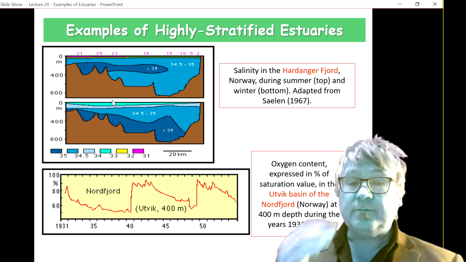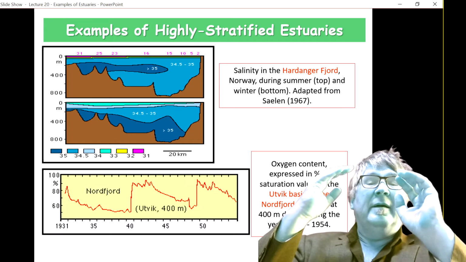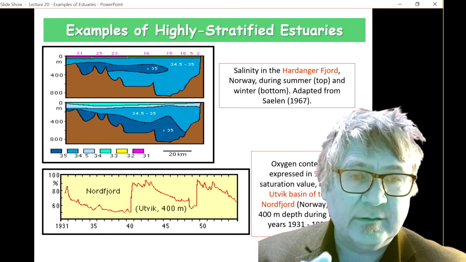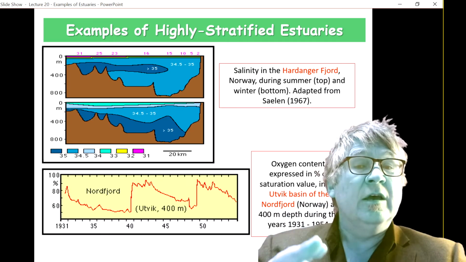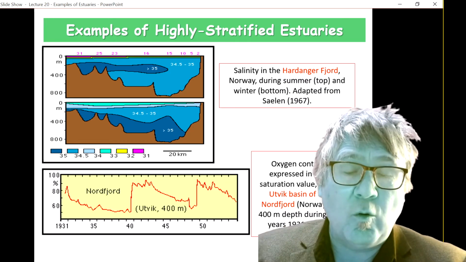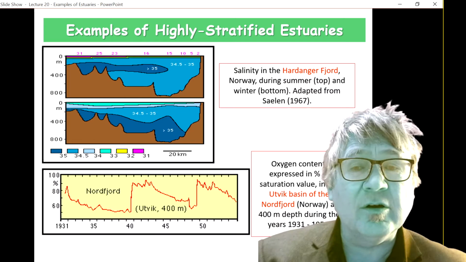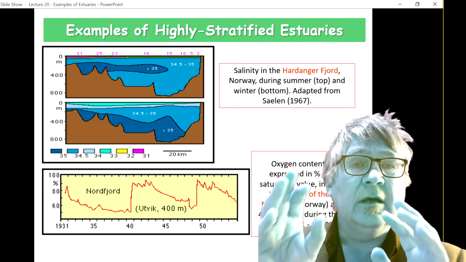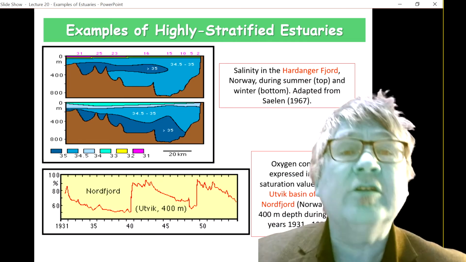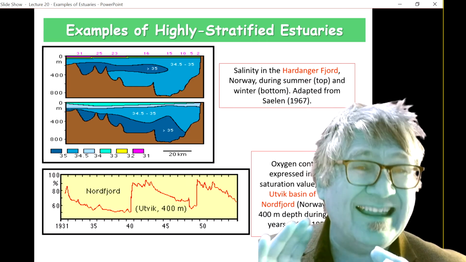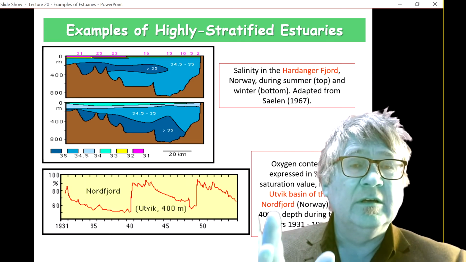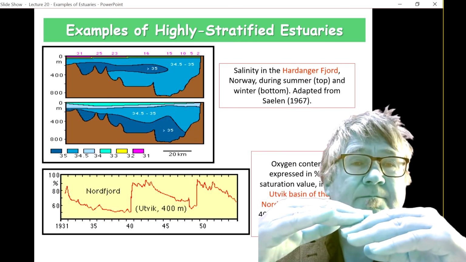All right. So the important feature of these fjords is that without any inflow of water with high oxygen levels, the dissolved oxygen levels in the deeper layers in these fjords decrease over time.